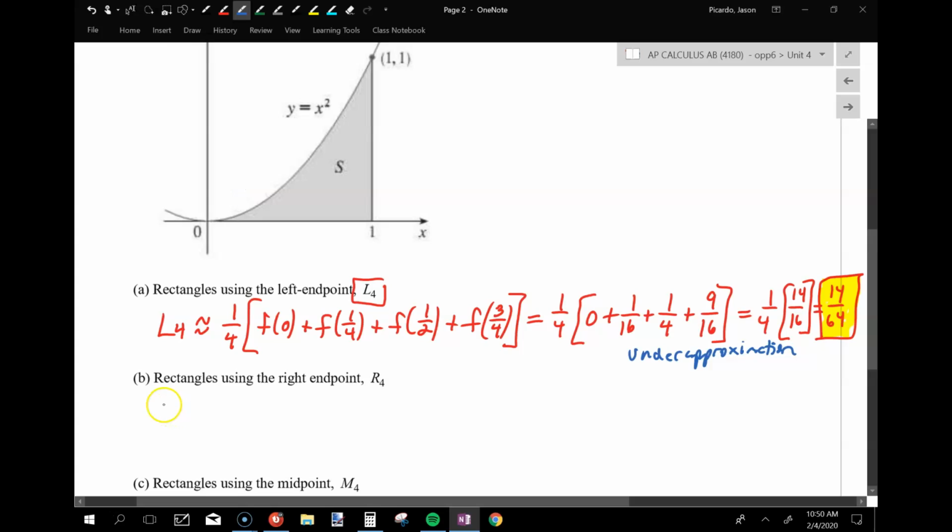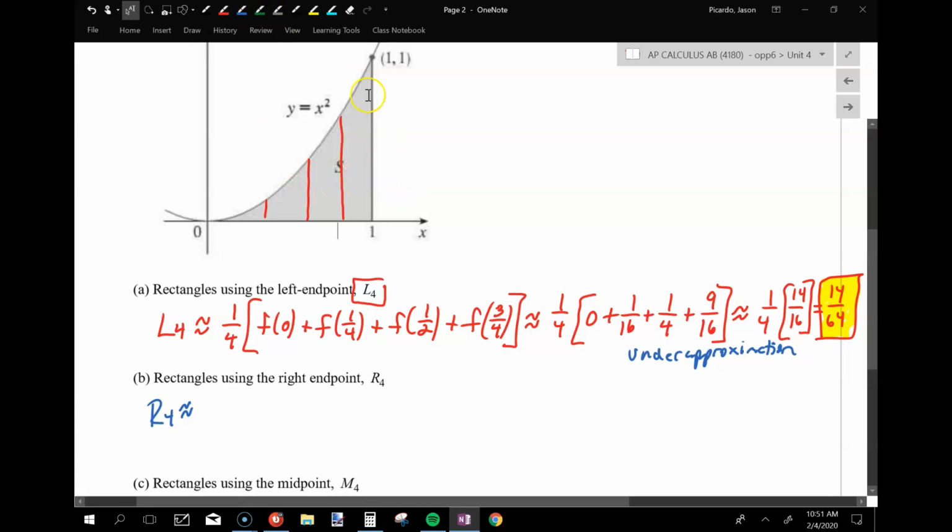All right, so let's see what happens when we do an R4. Sorry, not equal signs, but approximations. All right, so now I'm going to do an R4. And what does that mean?